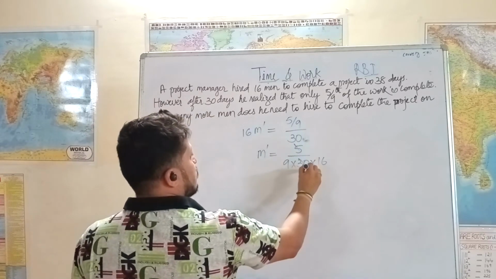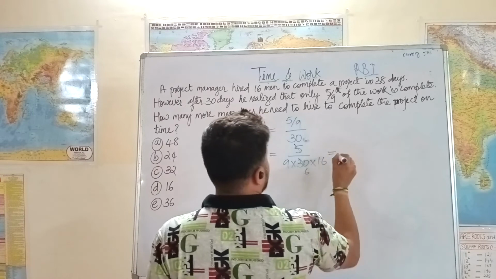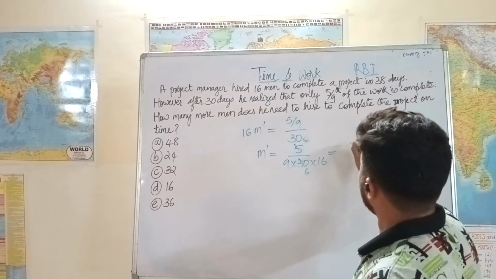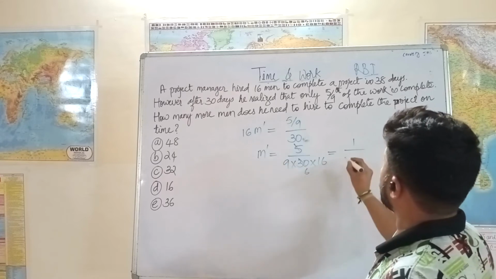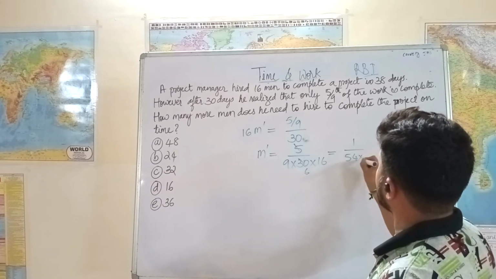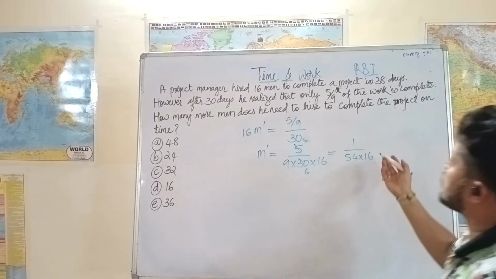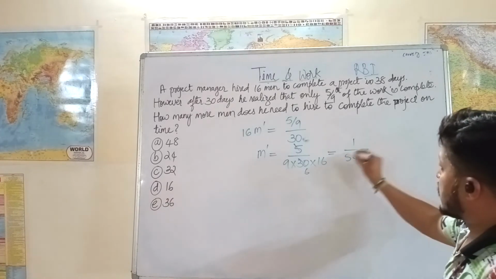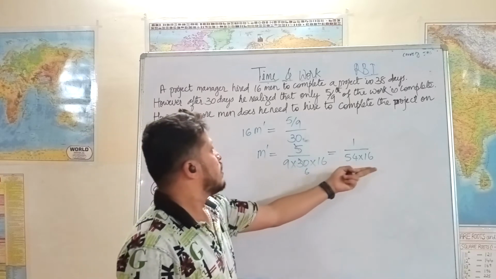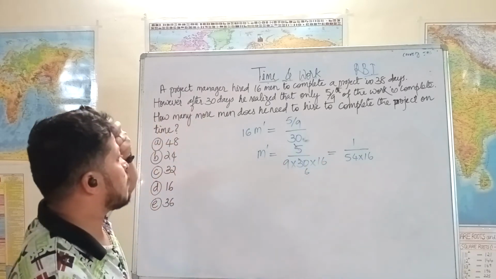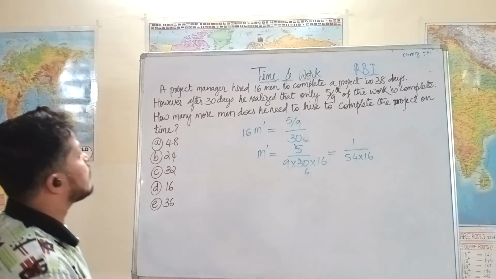So 5 ones are 5, 6 are 6, which means 1 divided by 54. Let's not simplify further. Some numbers get cancelled anyway, so let's not waste time here. Just note the efficiency of men as 1 by 54 into 60.